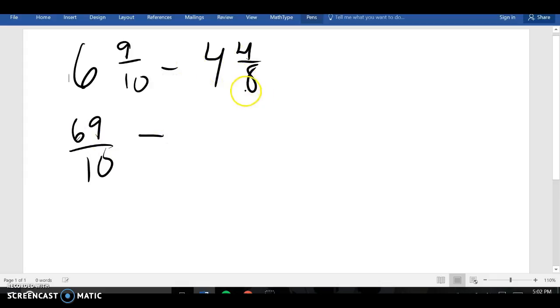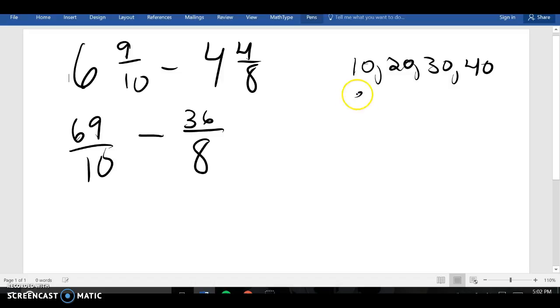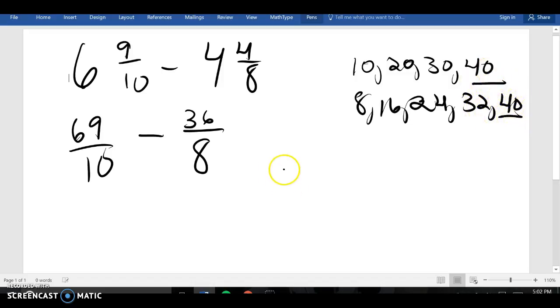Okay, so this is 4 times 8, which is 32, plus 4, which is 36, over 8. These don't have common denominators, so that's our first step. So this is going to be 10, 20, 30, 40, 8, 16, 24, 32, 40. Okay, so 40 is the first thing they have in common.